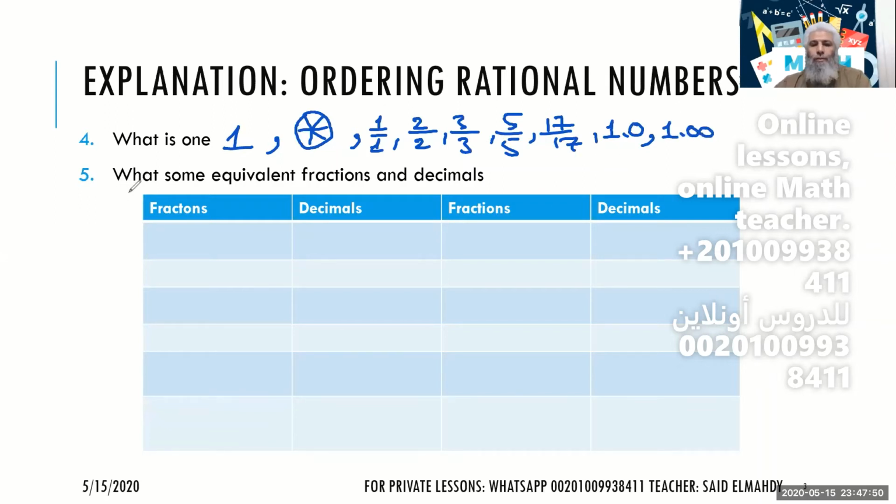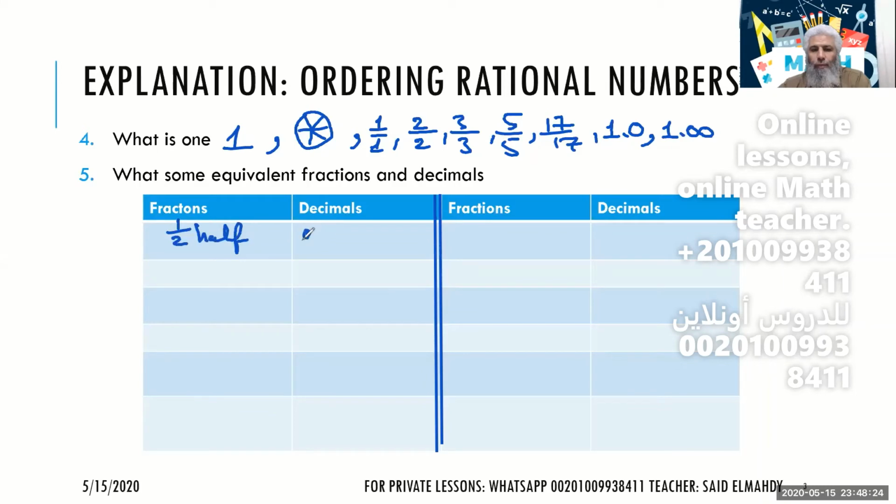Now, what are some equivalent fractions and decimals? Here in our table, I'll write down some fractions and their equivalents in decimal form. Here I have 1 over 2, this is 1/2.